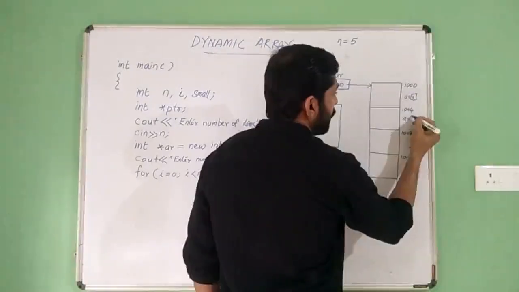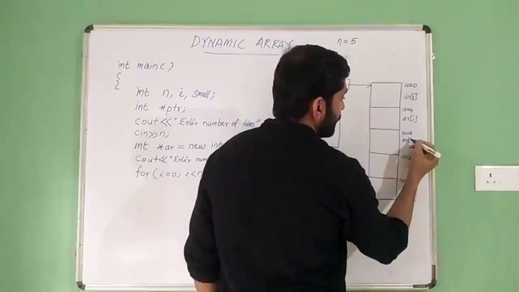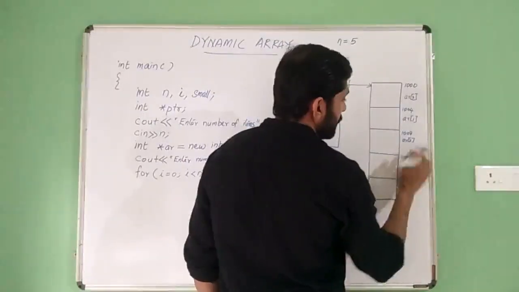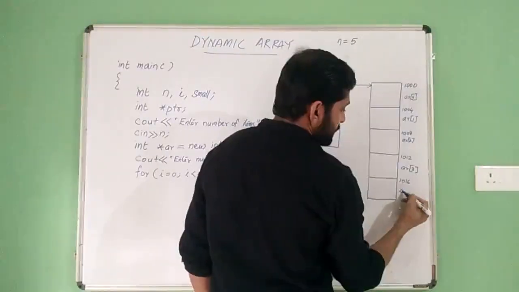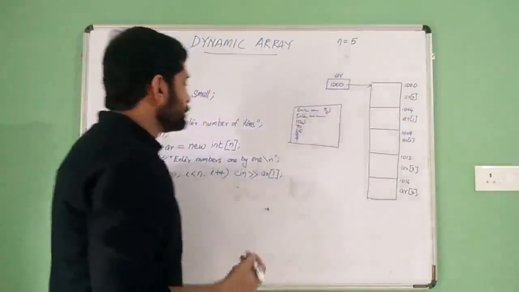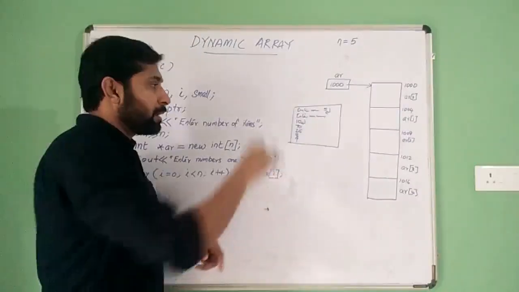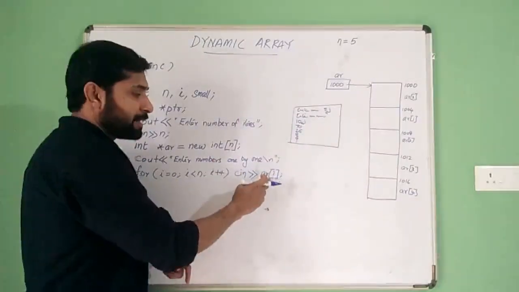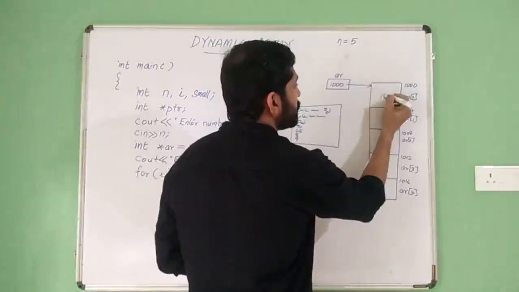This is ar of 1. This is ar of 2. This is ar of 3. This is ar of 4. So when we type the number 10 and press the enter key, that data will be passed to ar of 0. So that number 10 will get stored here.